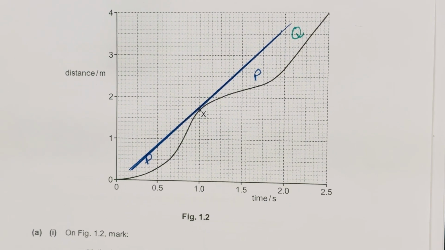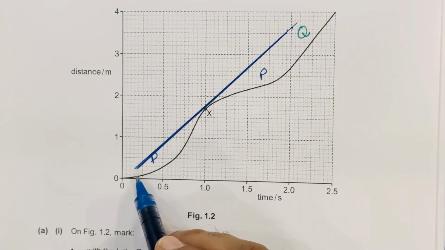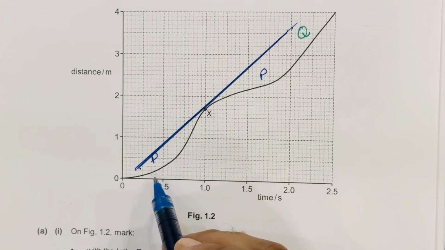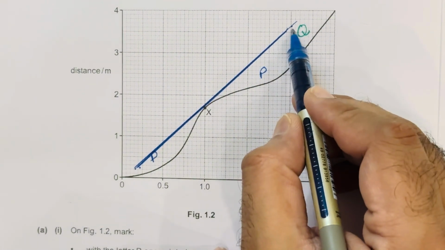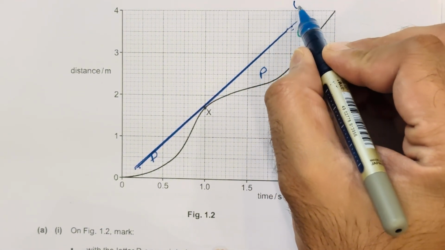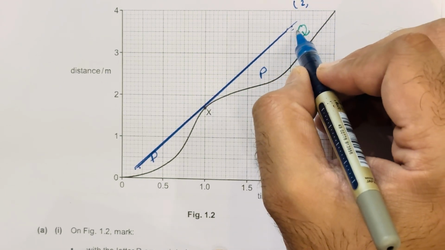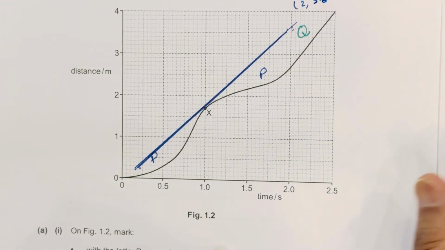Now you need to take 2 points, like I can take this point and this point where we can find the gradient. Okay, from this point has a coordinate of x-axis that is equal to 2, and y-axis has a coordinate of you can say it is 3.5 and 3.6.